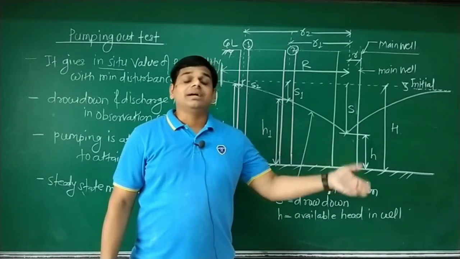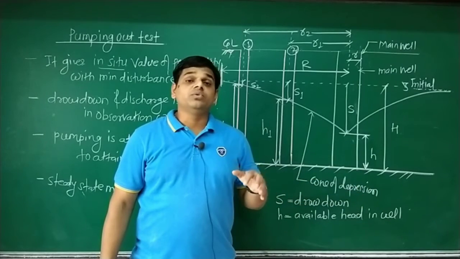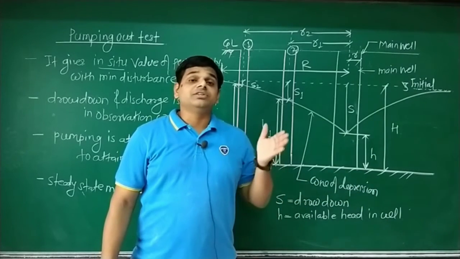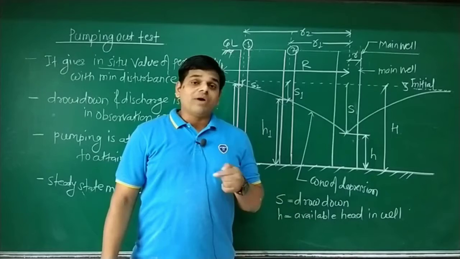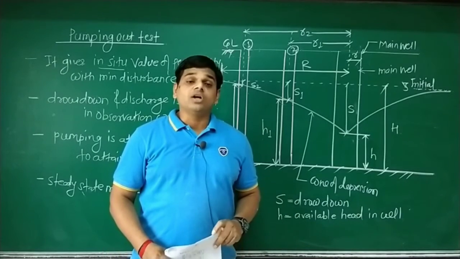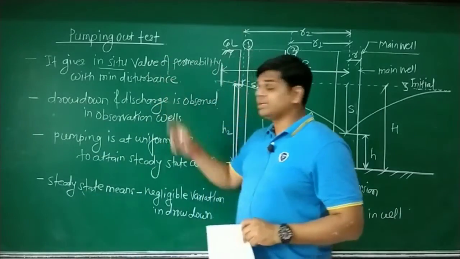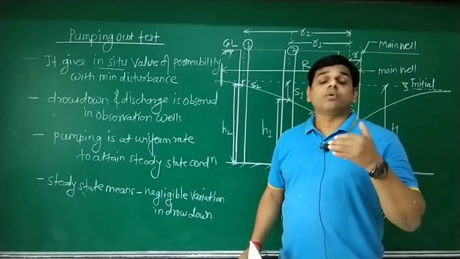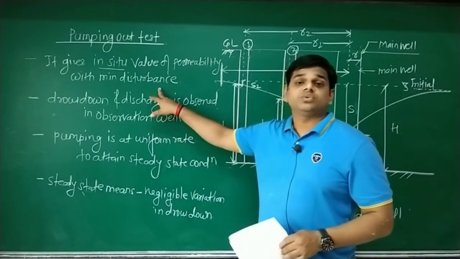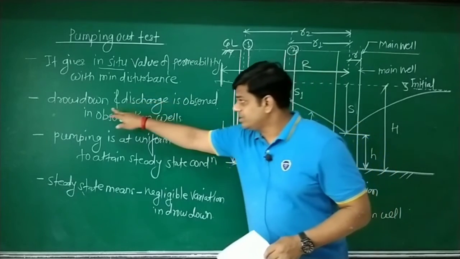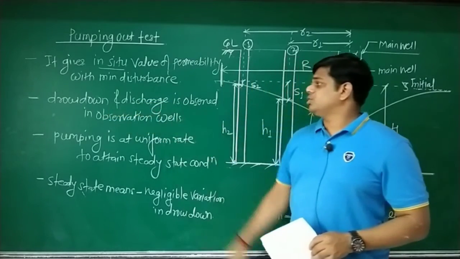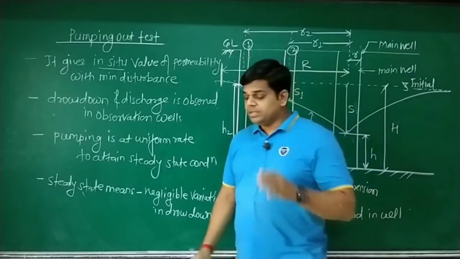When we fill that container, the soil changes its natural condition. Therefore, values of permeability are not according to its natural state. But in this method, we provide minimum disturbance to the soil. Next point, drawdown and discharge is observed in an observation well.